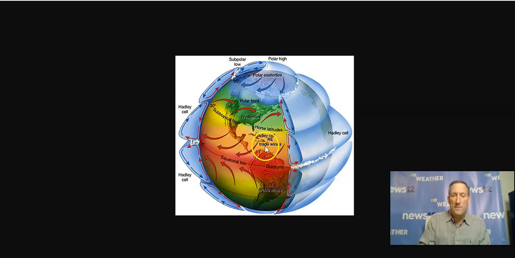Now, you have converging air from high pressure at 30 degrees north. This is called the northeast trade winds. Here's your trade winds, wind flowing out of high pressure into low pressure. So the northeast trade winds are the winds coming out of high pressure converging into this low pressure.